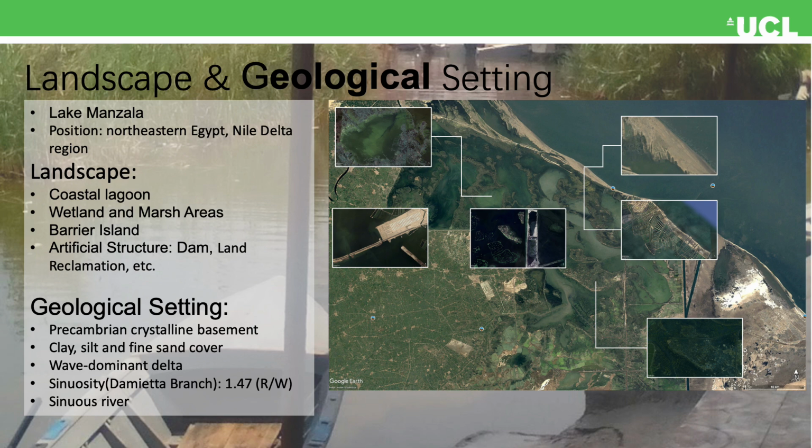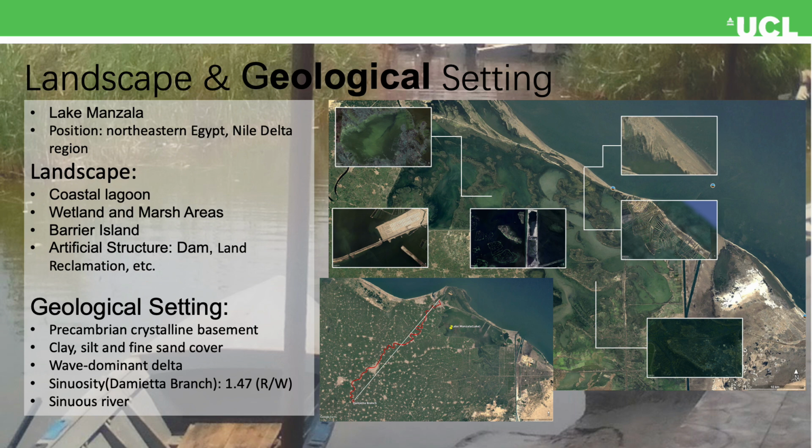Geologically, the area sits on Precambrian basement rock, overlain by fine clastic deposits from the Nile. It's a wave-dominated delta with longshore drift shaping the coast and the Damietta branch showing a sinuosity of 1.47. This highlights the combined roles of river input, marine energy, and human activity in shaping this complex landscape.